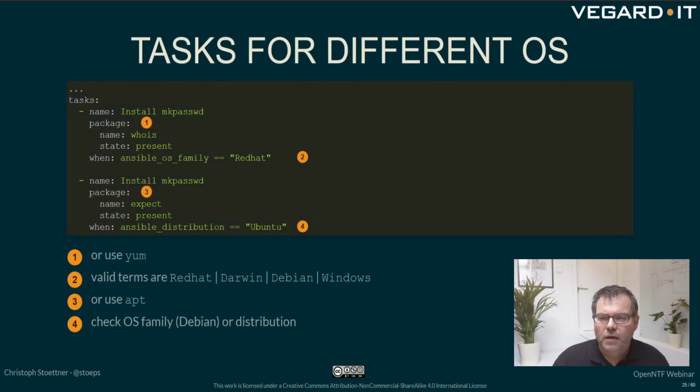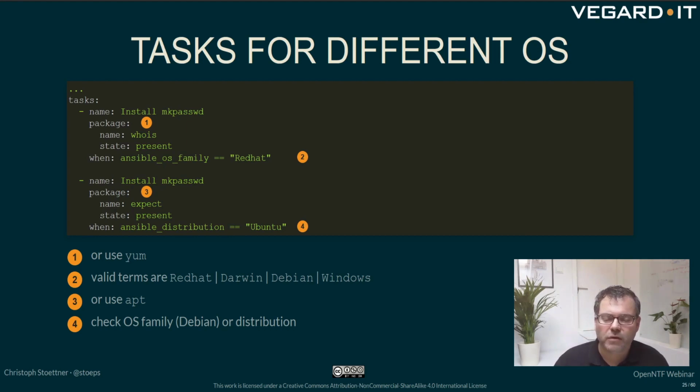A point on different operating systems: there is an option to run special tasks only against Linux distribution families like Red Hat or Debian, or you can select even the distribution like Ubuntu.